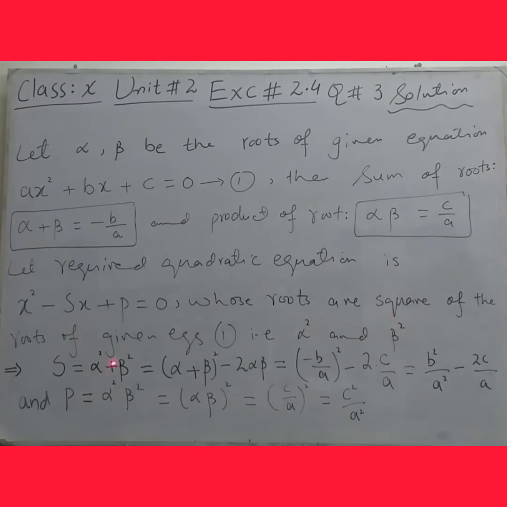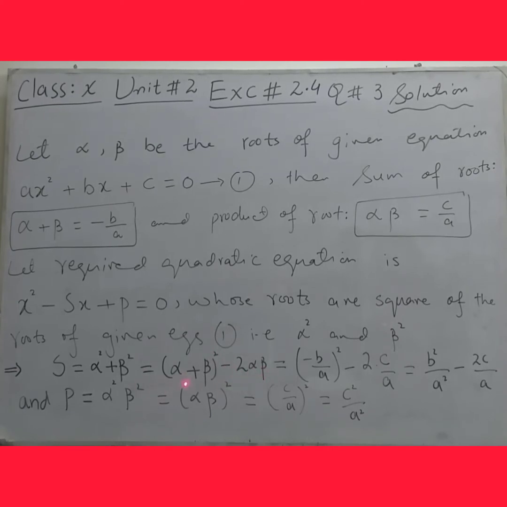Now as we have values in terms of alpha plus beta and alpha beta, we will convert this alpha square plus beta square into alpha plus beta and alpha beta by using a formula. So alpha square plus beta square can be written as alpha plus beta whole square minus 2 alpha beta.